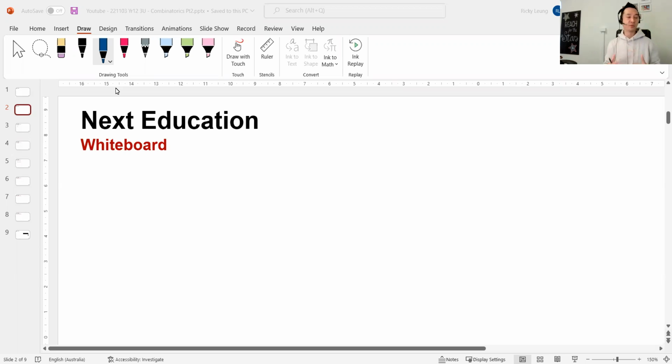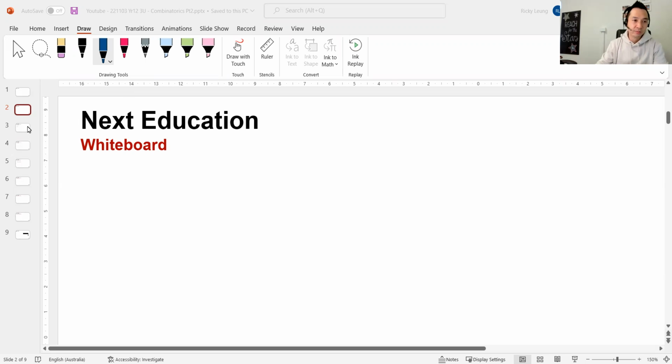Some of the questions I've picked today come from the old 4-unit extension 2 syllabus, just to emphasize that this used to be part of the 4-unit syllabus, or at least the harder part. And since that has been removed, a lot of the teachers are throwing the type of questions that they see in 4-unit into 3-unit. So I just want to cover some of those as well.